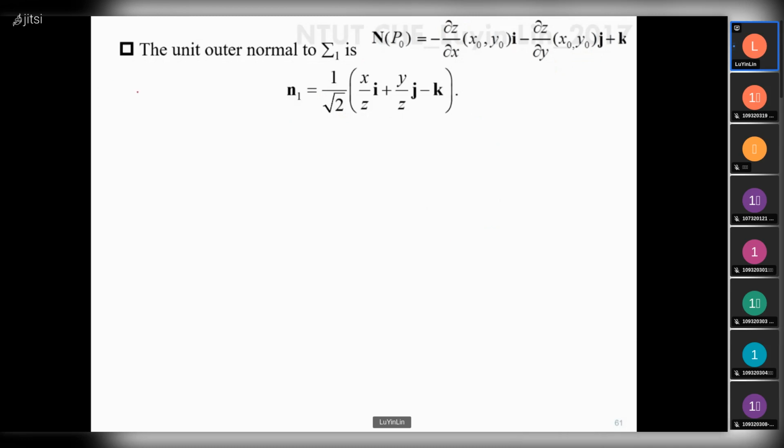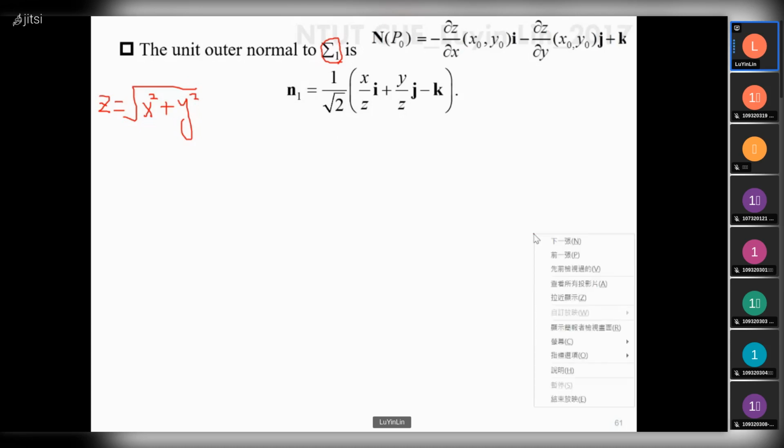First, you have to know, now we are talking about sigma 1. Okay, sigma 1. So what is z? Do you remember? You can check from the problem. Okay. Z is this one. So just calculate. You can calculate now.